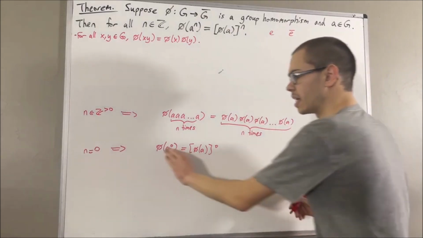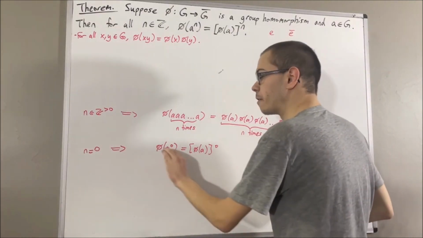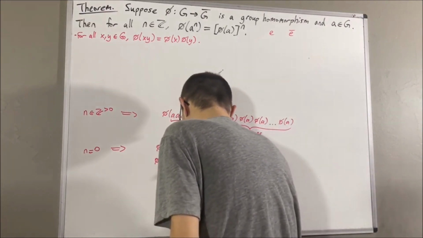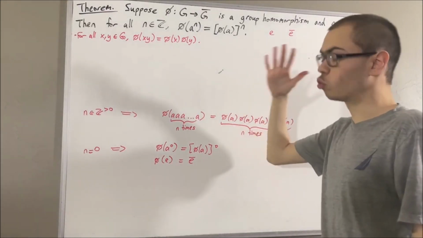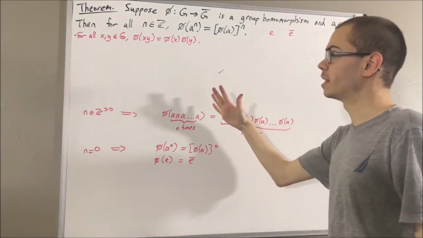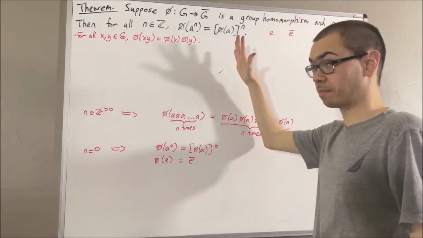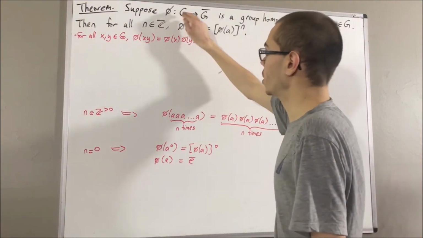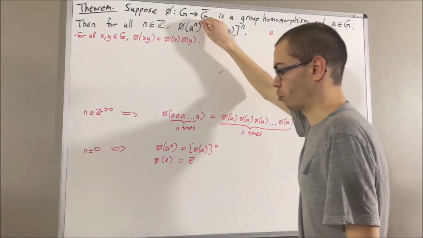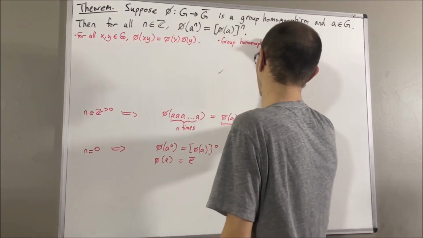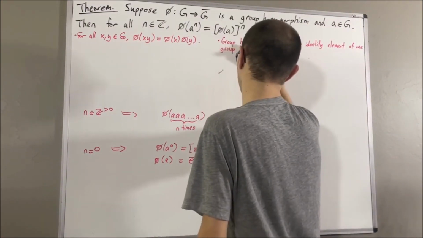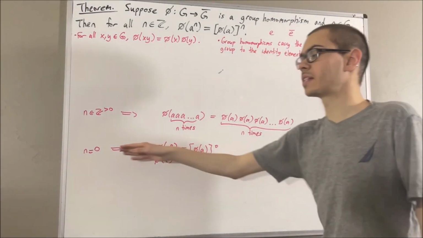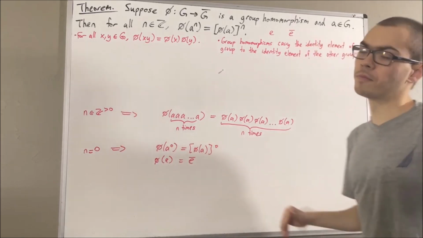Then this equality is telling us that phi of e is equal to e bar. And a property of group homomorphisms that we have proven is that a group homomorphism carries the identity element of one group to the identity element of the other group. Because of this, the n equals 0 case is immediately true.